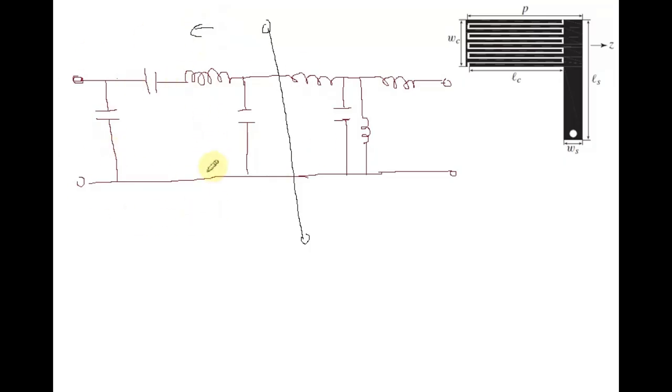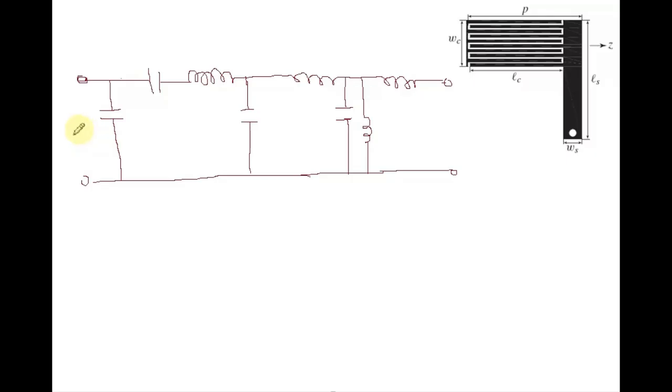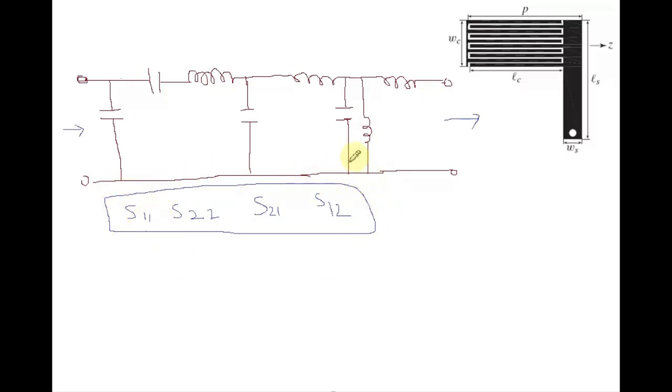It is represented by a pi network, and the other network is represented by a T network. Now it makes a two-port network, and the wave will propagate from this side to this side. By this two-port network, we can easily calculate the S parameters, that is S11, S22, S21, and S12. By calculating all these four parameters, we can easily analyze this unit cell.